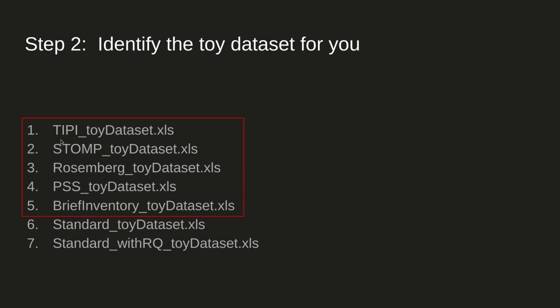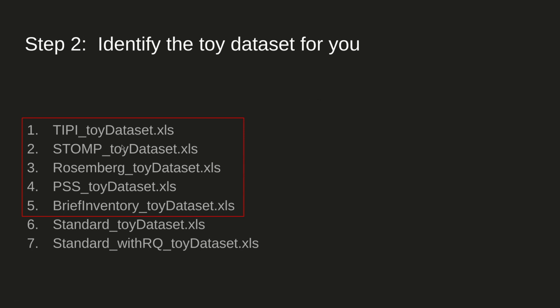If you worked with the TIPI, we have a specific toy dataset for that. If you worked with the STOMP, we have a specific toy dataset for that. So you choose whichever of these 5 possible toy datasets fits better if you did use one of our scales or inventories as a tool for measuring your variable 1.